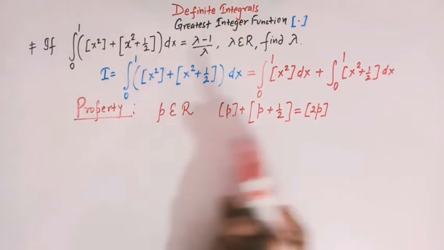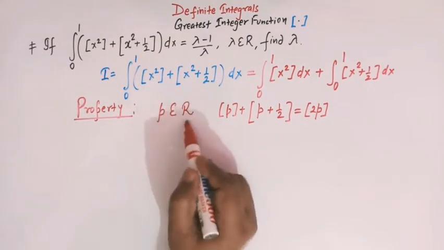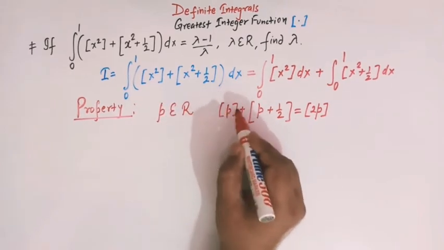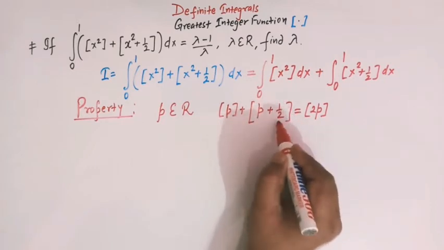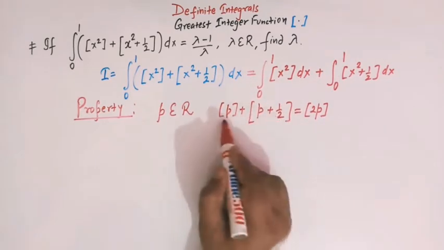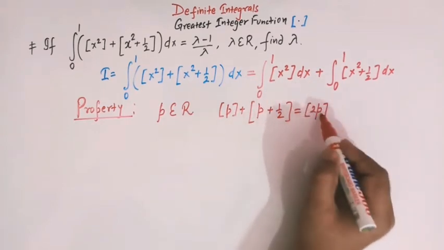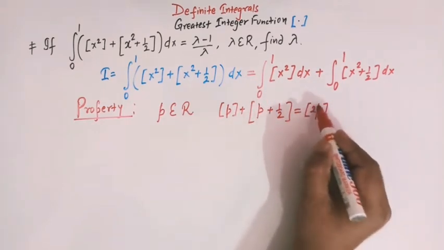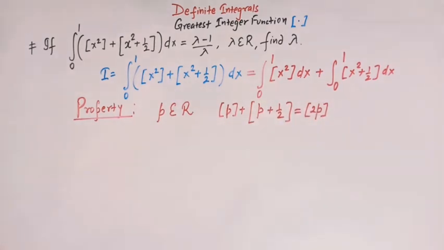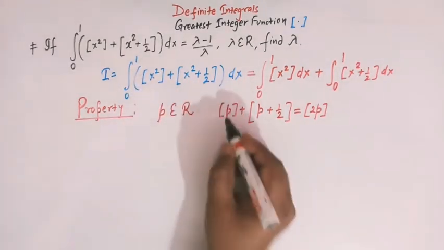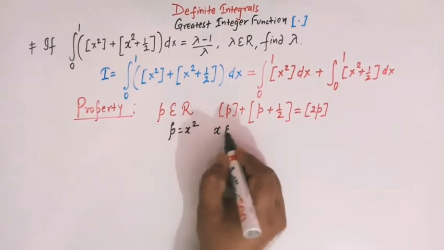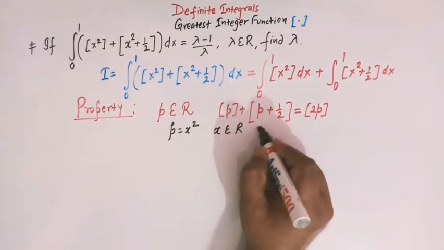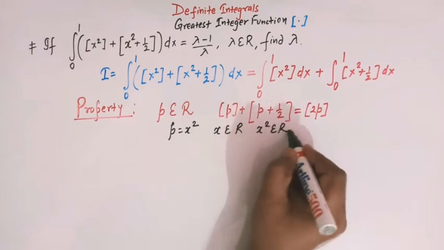So if we have any p belonging to the set of real numbers, then the sum of the greatest integer of p and the greatest integer of p plus half must be equal to the greatest integer of twice of p. So we'll make use of this property, and here if we take p is equal to x square, see, x is some real number, so obviously x square is also a real number.